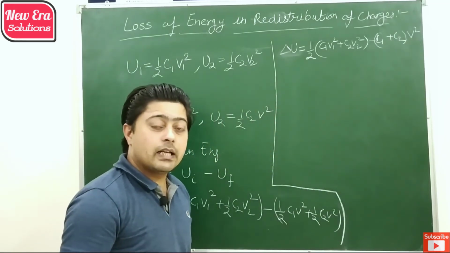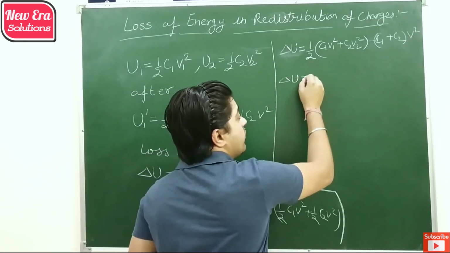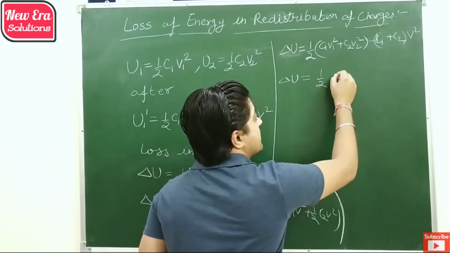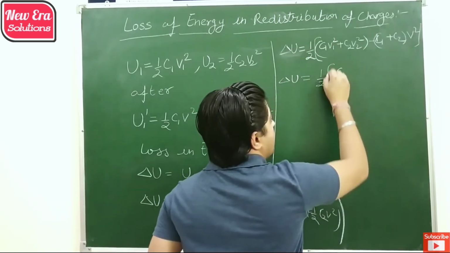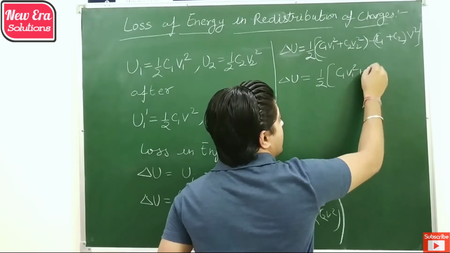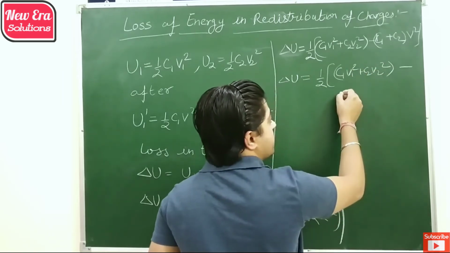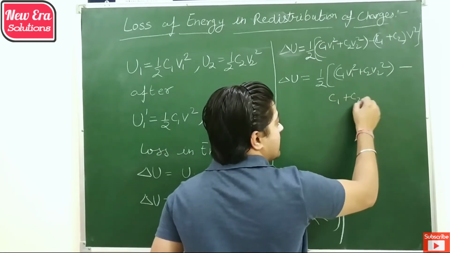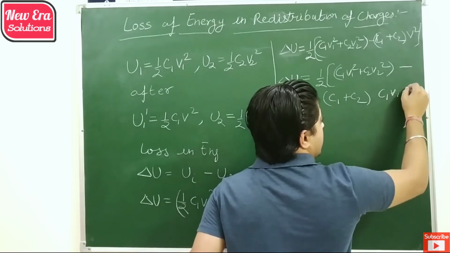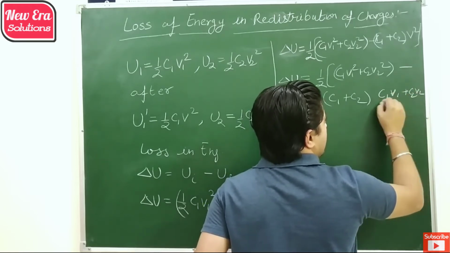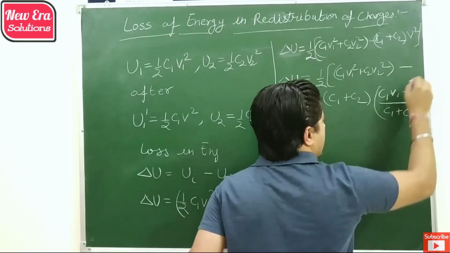In the last case, we calculated the value of the common potential for the combination of capacitors. By putting in this value, we get half C1 V1 square plus C2 V2 square minus C1 plus C2 into the common potential, C1 V1 plus C2 V2 divided by C1 plus C2, whole square.